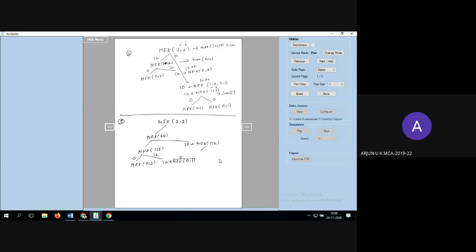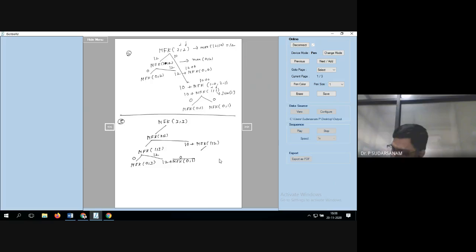So now MFK of 0 comma 2 is 0. On the right hand side you will get V1 12, MFK of I minus 1 is 0, J minus W of I, so 2 minus 2 is 0.